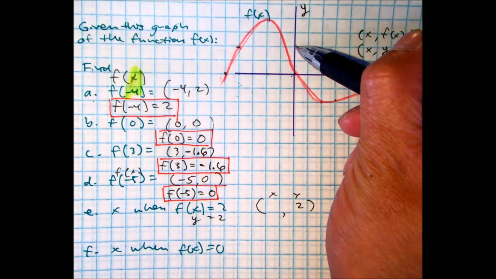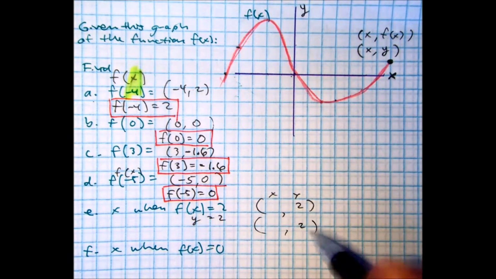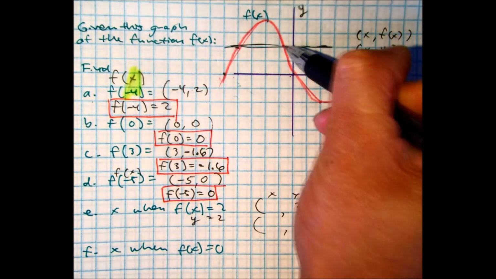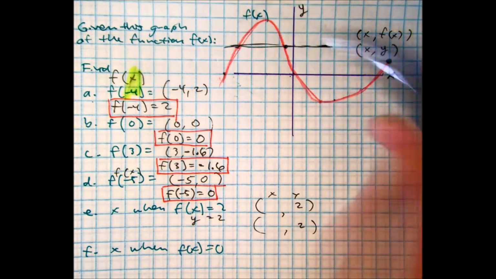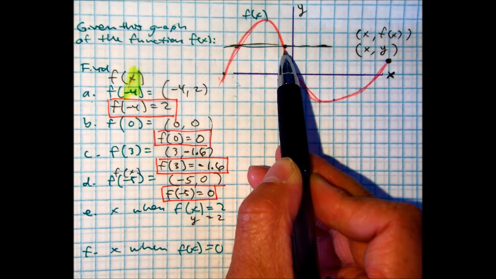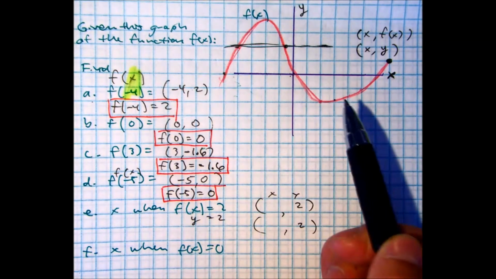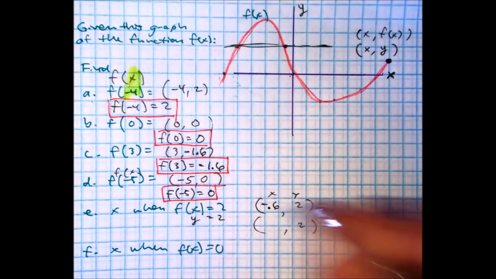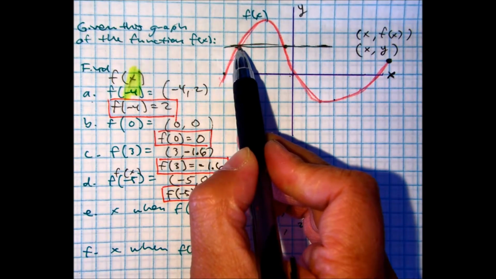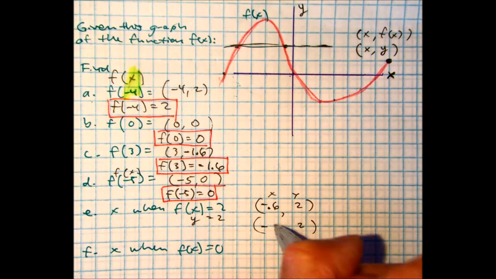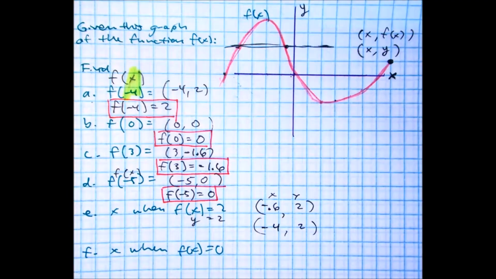And you actually have how many answers? You have 2 answers. Do you see that? It's all along that line right here. So you have that point and that point. What would you guys estimate that point to be? Negative 0.6, you said? And how about this one? Negative 4.